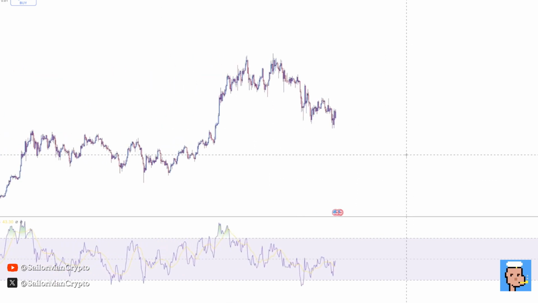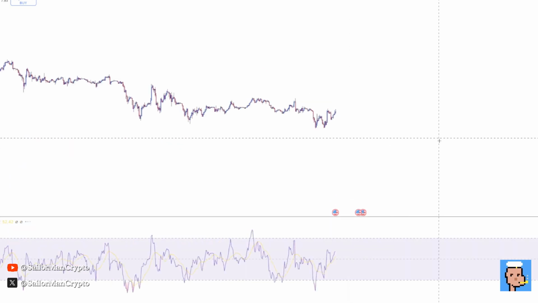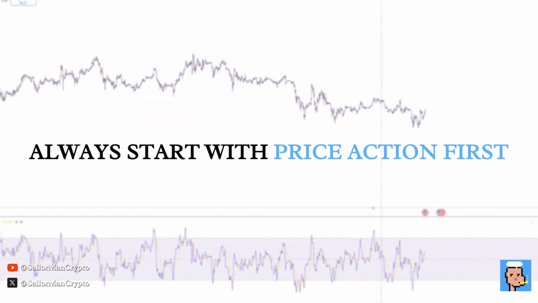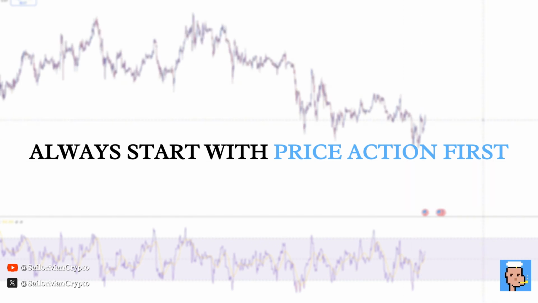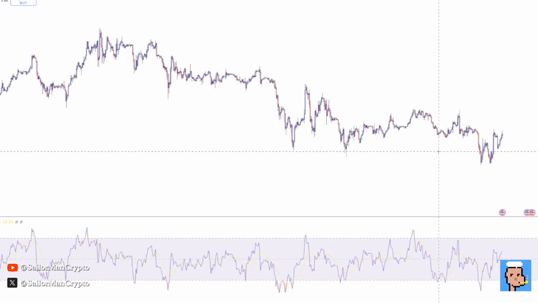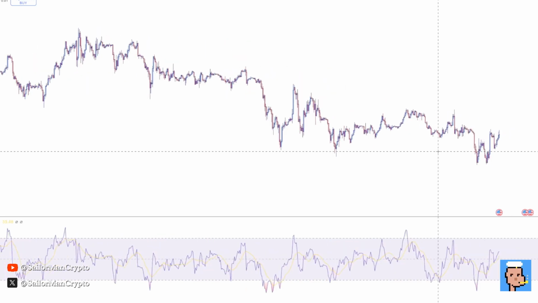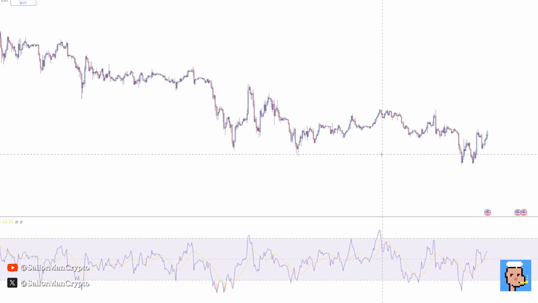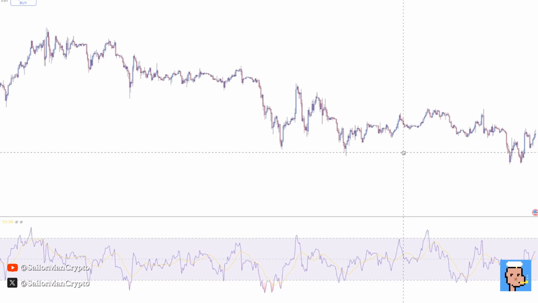First of all, we want to look for this divergence at key levels in price. So you always start from the price action. You never open RSI and start casually looking for divergence anywhere in the chart. Then you want to look for levels of interest.